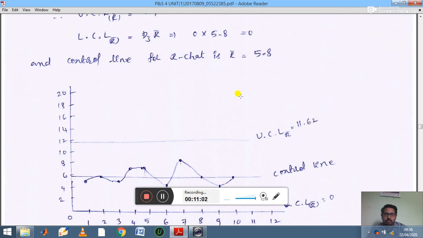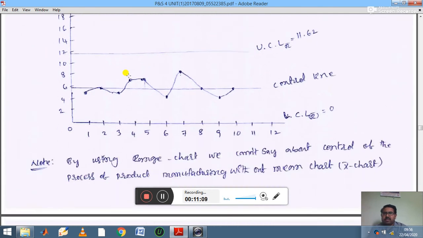In the same way you go with the LCL value. LCL is 0, which means this horizontal line itself acts as the LCL. So no need to show a separate dotted line, because this horizontal line itself acts as the LCL here.